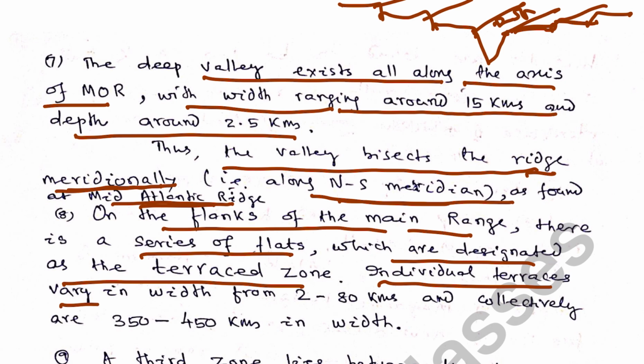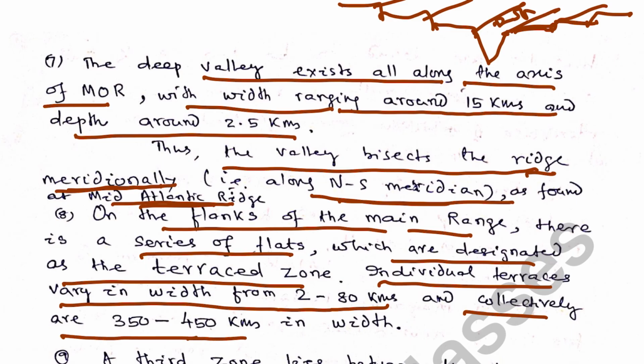Individual terraces vary in width from about 2 to 80 kilometers, and collectively they range in width from 350 to 450 kilometers. So from the central rift valley on both sides, the flats are found which constitute the terraced zone.